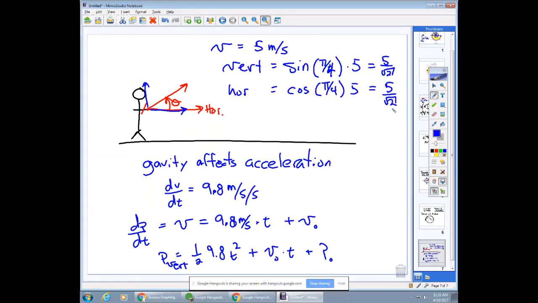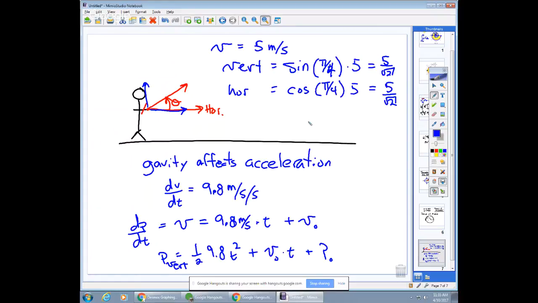Okay, and so really what's happening is it's moving horizontally while it's going vertical. Vertically, it had that initial thrust, but gravity's pulling that away from it, right? So it's dropping. Horizontally, it's moving the same speed, about 3.5 meters per second, when it leaves my hand and when it hits the ground. It's just gravity finally makes it hit the ground, and that's what stops it.